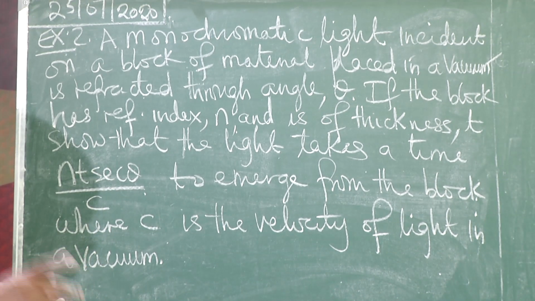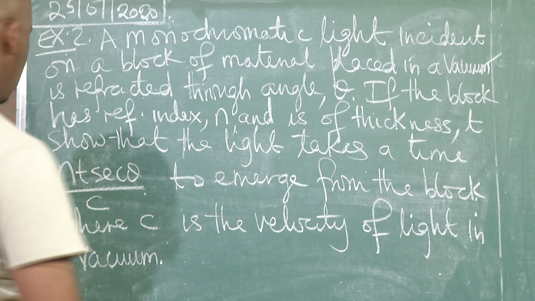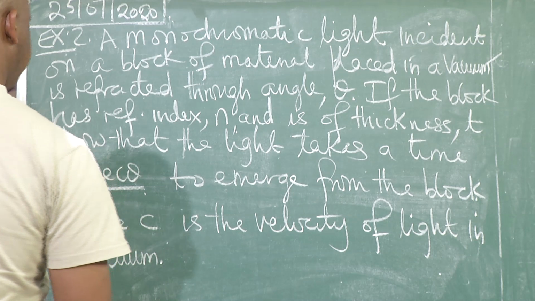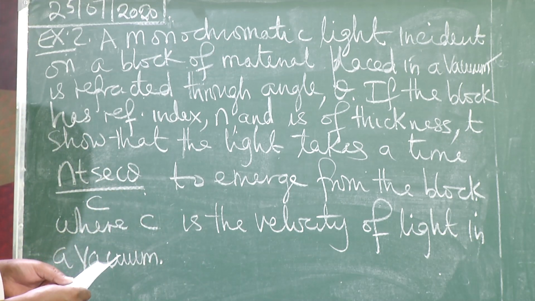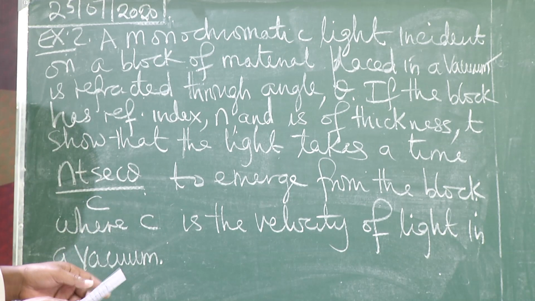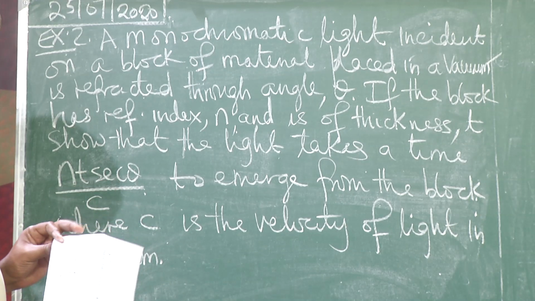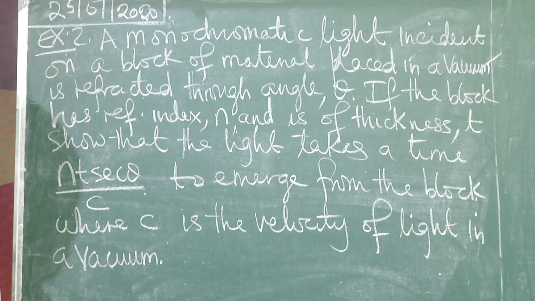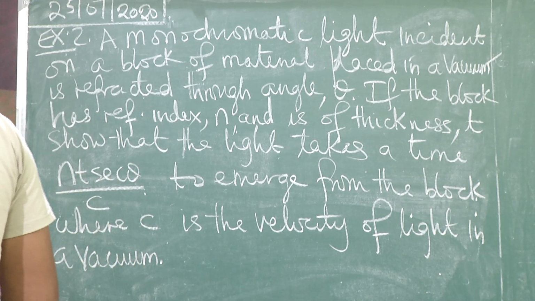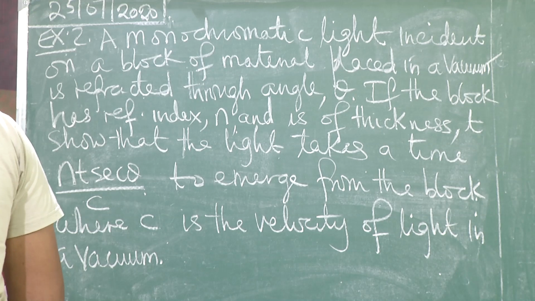If the block has refractive index n and is of thickness t, show that the light takes a time nt sec theta over c to emerge from the block, where sec is short for secant and c is the velocity of light. You may recall that at the start we looked at the relationship between refractive index and velocity of light.